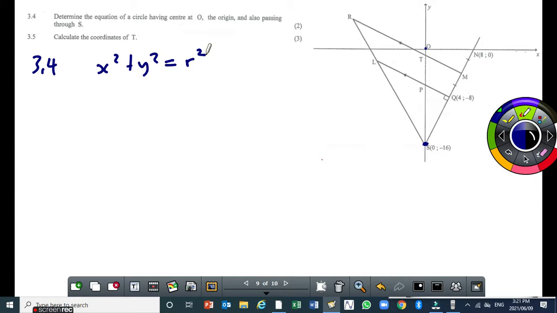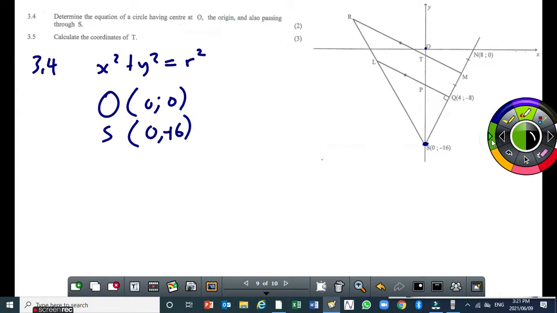So we can find the length of OS. To find that, at the center the coordinates at O are 0, 0, and the coordinates at S are given as 0 and minus 16. To find that length, you don't need the distance formula.